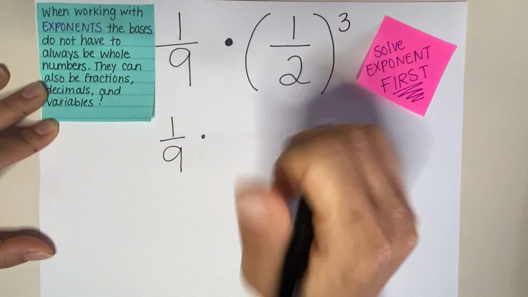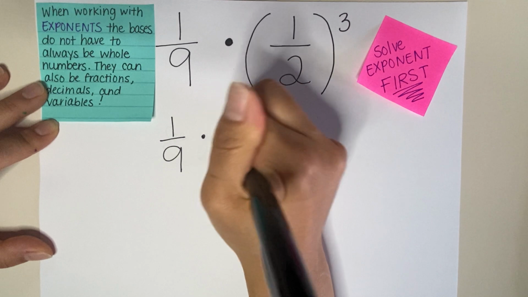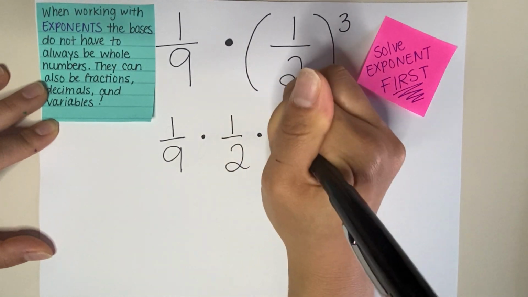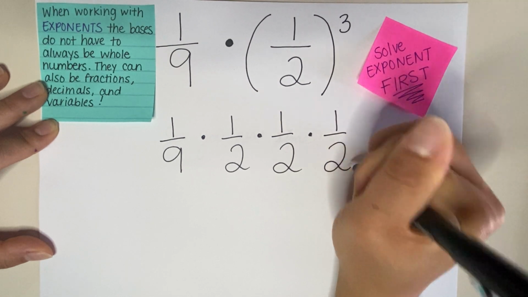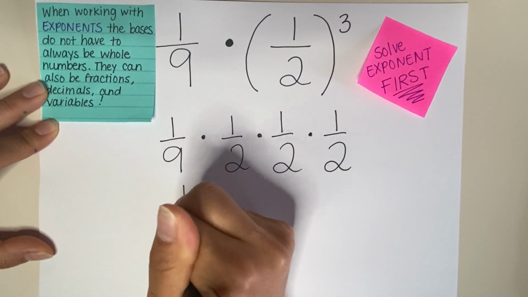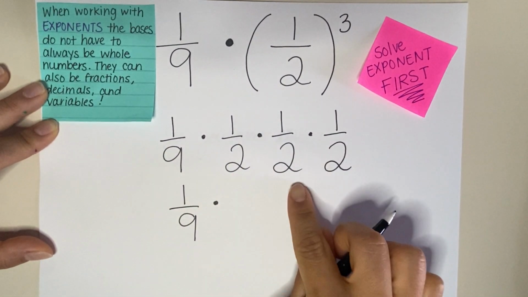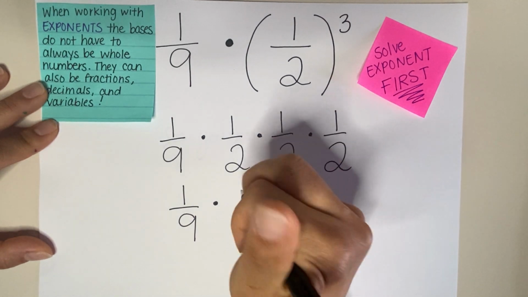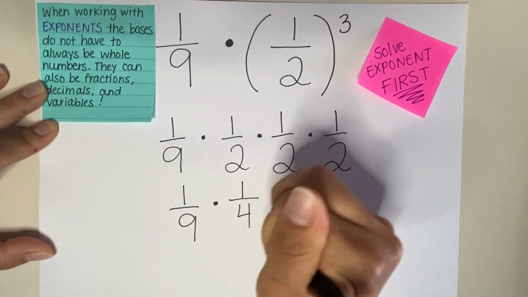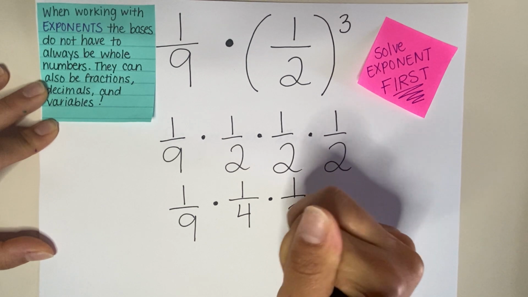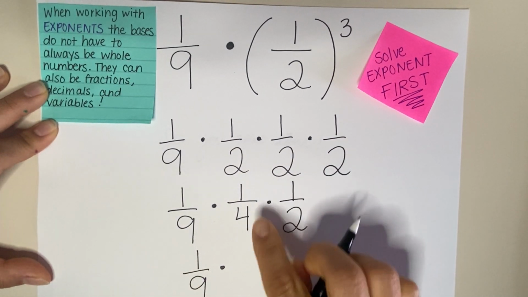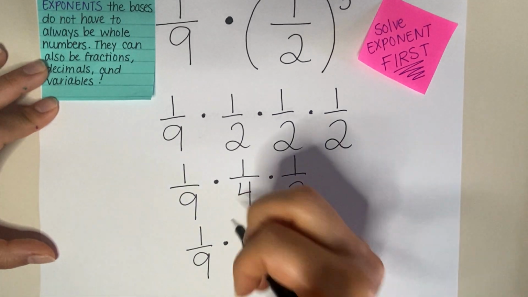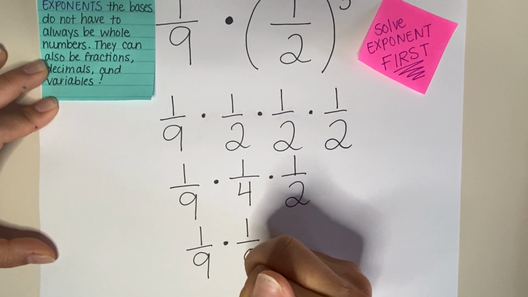So 1/2 to the third power is 1/2 times 1/2 times 1/2. 1/2 times 1/2 will get me 1/4. 1/4 times 1/2 gets me 1/8.